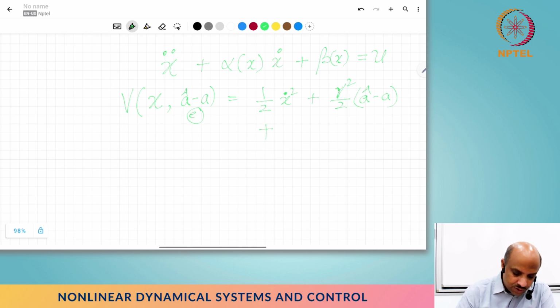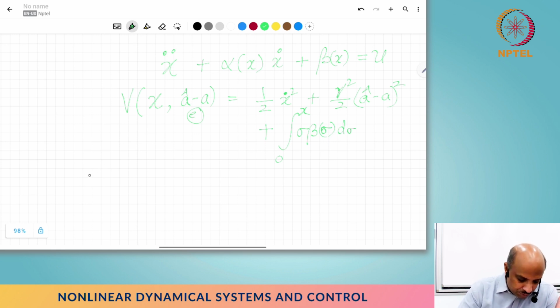Plus this x dot square term, and then we have some integral in terms of beta. Okay. So typically this comes from the potential part and things like that. This is a path integral if it is multidimensional and things like that.